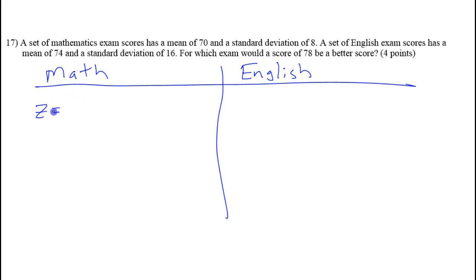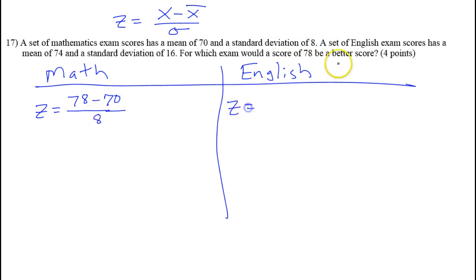So for the math side, for z-score, of course, the formula is one specific value minus the mean divided by the standard deviation. Now the specific value is going to be 78 in both cases. Alright, so specific value of 78. Now for the math scores, the mean was 70 and the standard deviation was 8.